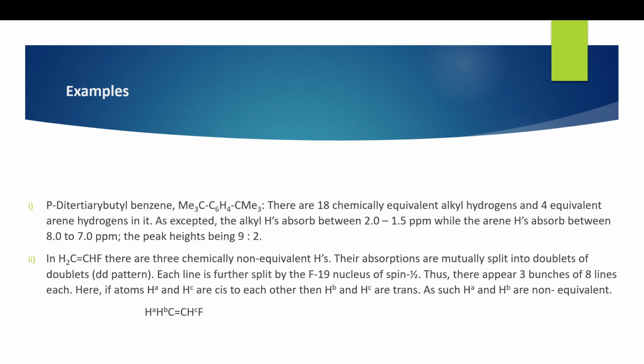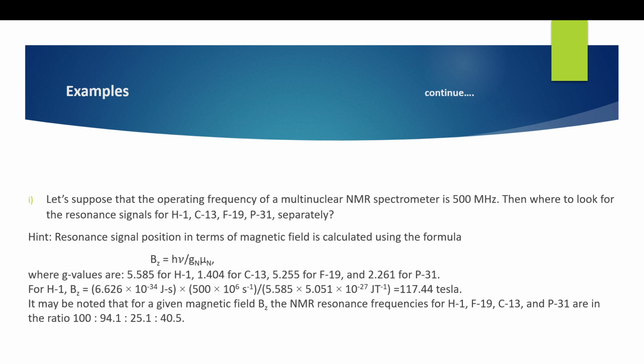There are three signals. Each signal is split by the nearby hydrogens into a DD pattern, and also split by fluorine because the fluorine nucleus is also a magnet. So in this simple molecule, the spectrum contains three bunches of 8 lines each.